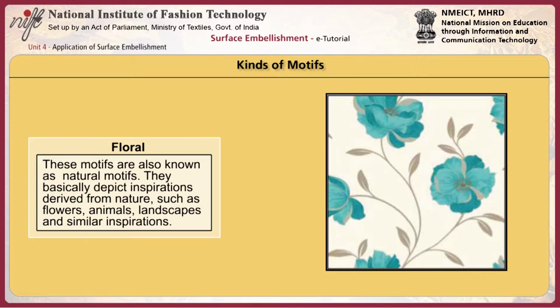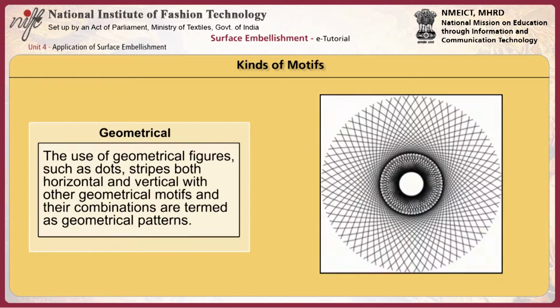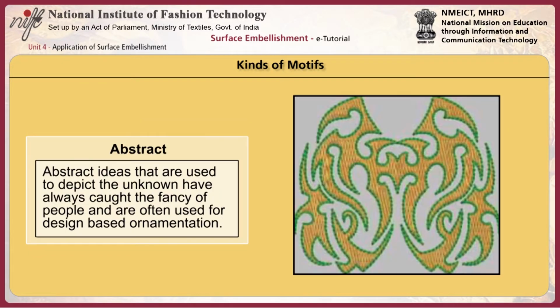They basically depict inspiration derived from nature such as flowers, animals, landscapes and similar inspirations. The use of geometrical figures such as dots, stripes, both horizontal and vertical, with other geometrical motifs and their combinations are termed as geometrical patterns.